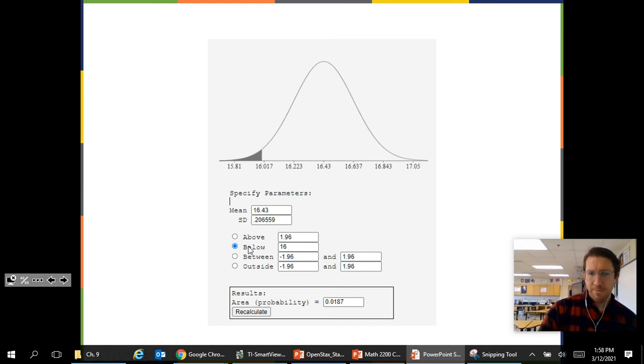I went to below; we have our choices of above, below, between, or outside. I went to below 16, because I want to find the probability that we're below 16. That tail is 0.0187. So the chance that our swimmer would be at 16 or below is 0.0187, a very small chance, about 2%.